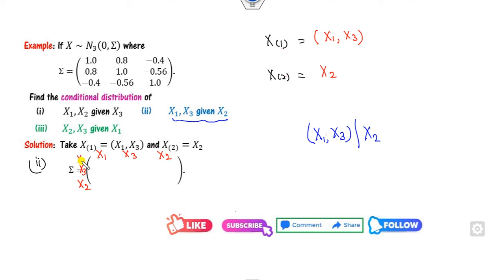Now can you complete this value? x1 is 1, x1, x3 minus 0.4, x1, x2 0.8, x3, x1 minus 0.4, x3, 1, x3, x2 0.6, x2, x1 0.8 minus 0.6, x2 is 1.0.